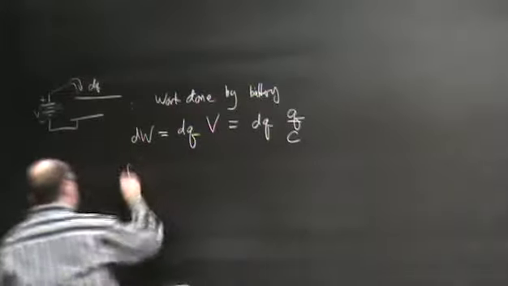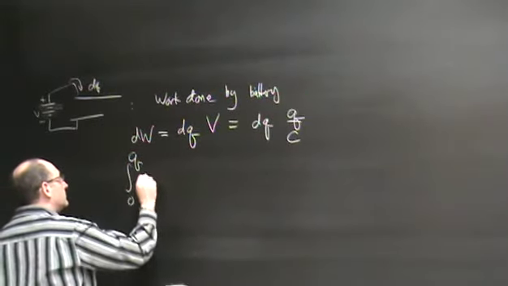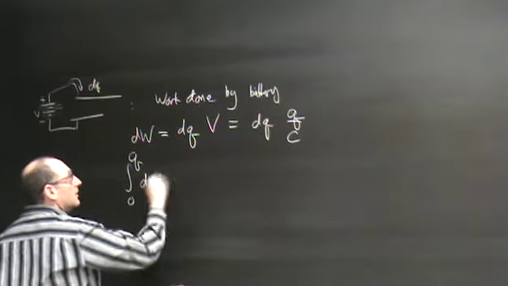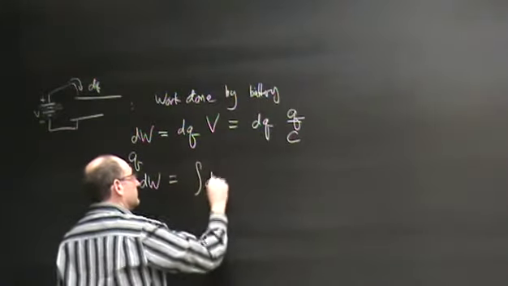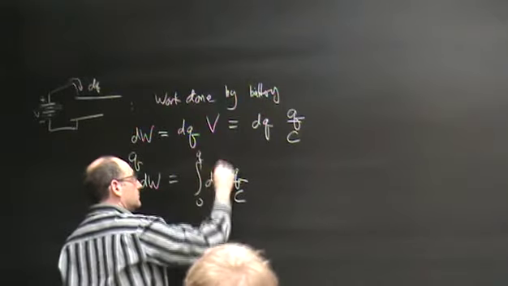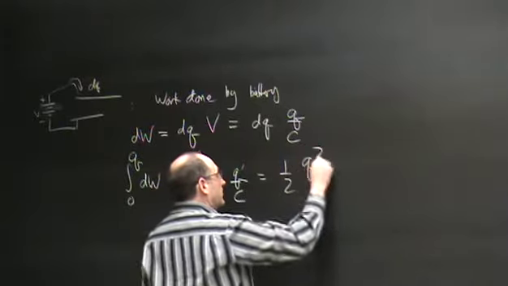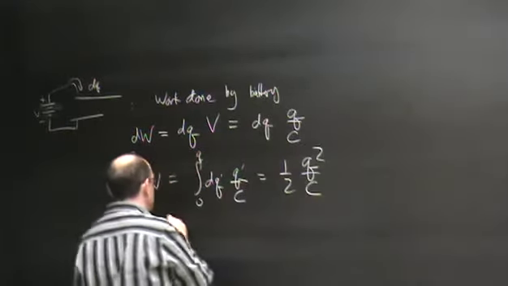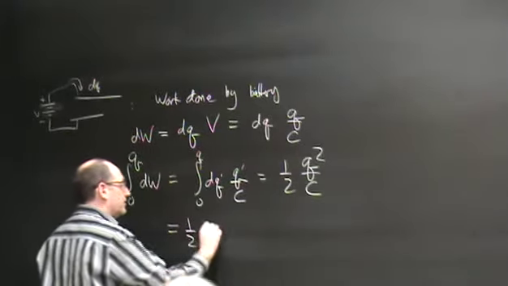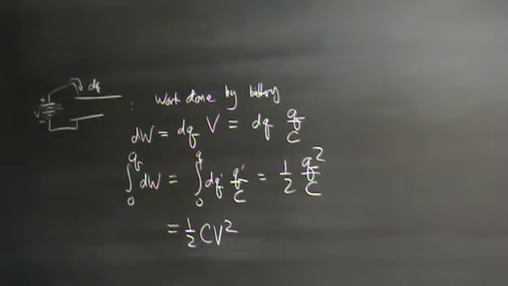So if I were to integrate this to the final charge, that's 1/2 Q squared over C, which is equivalent to 1/2 CV squared. Okay.